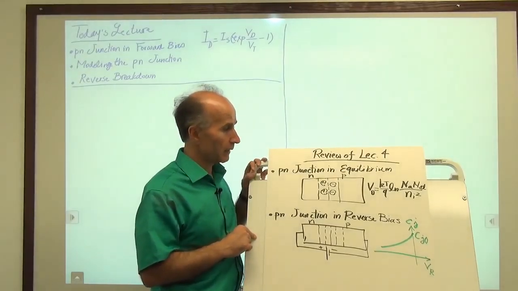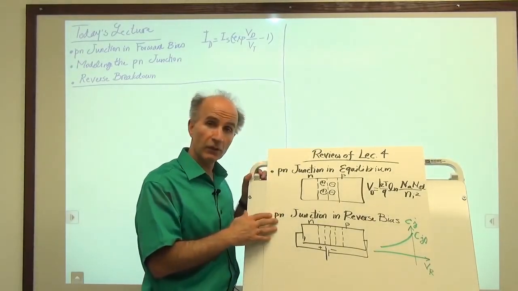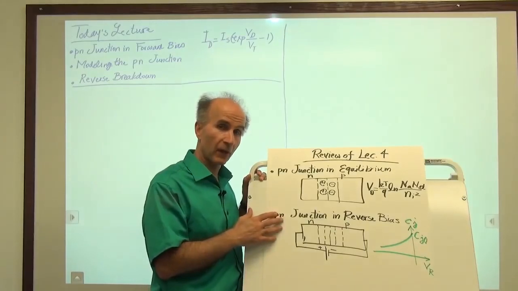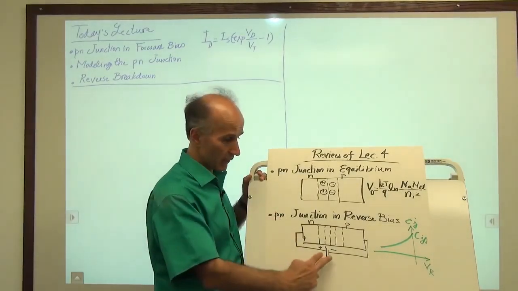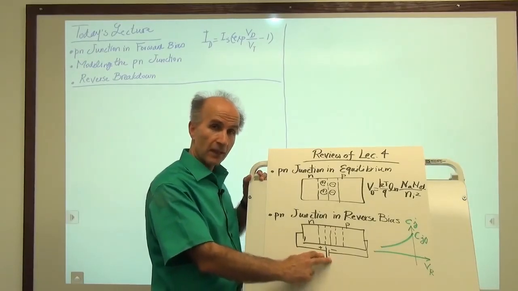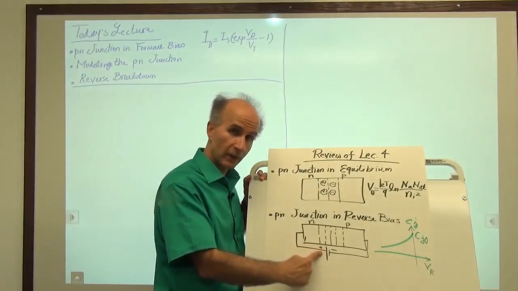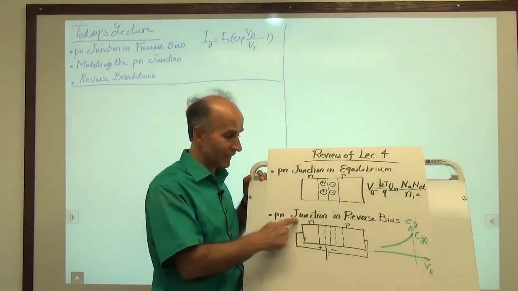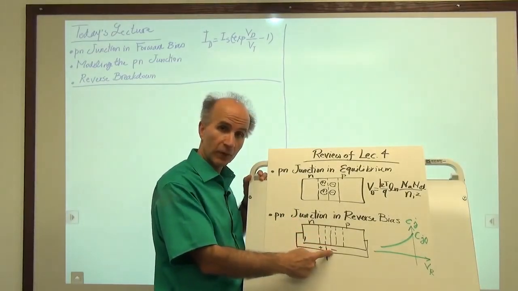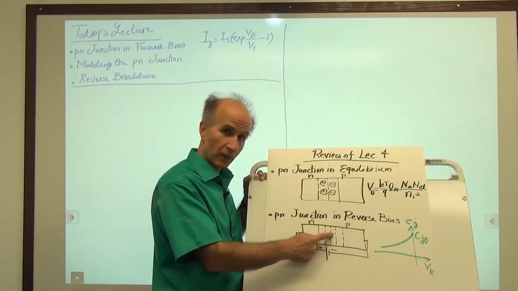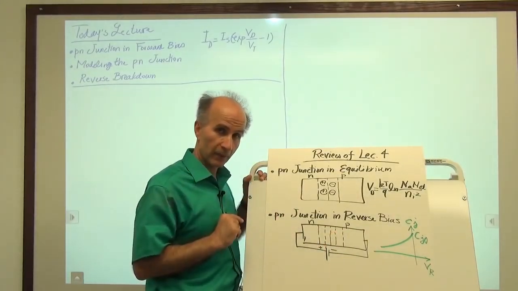All right, then we went to the PN junction reverse bias. And reverse bias is defined as applying a voltage from outside, as shown by this battery here, such that the positive side of the voltage goes to the N side of the junction, and the negative side of the voltage goes to the P side of the junction. That is the definition of reverse bias.